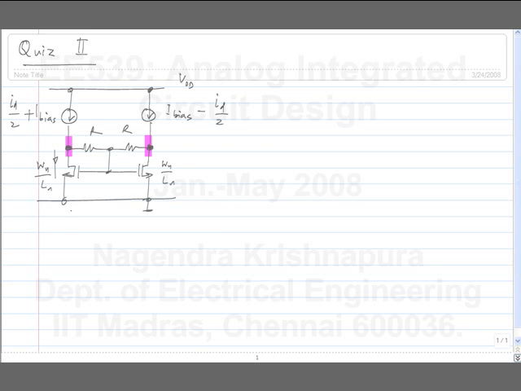I think I asked you to only use GM to model the transistors and ignore GDS. So first of all, if I draw it in terms of the incremental quantities, it will be ID by 2 and ID by 2 in the opposite direction.